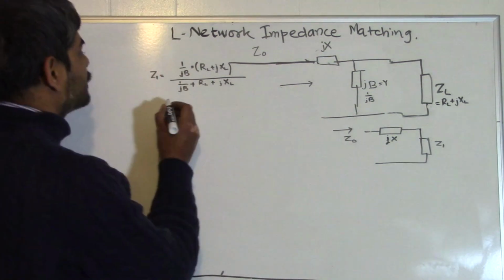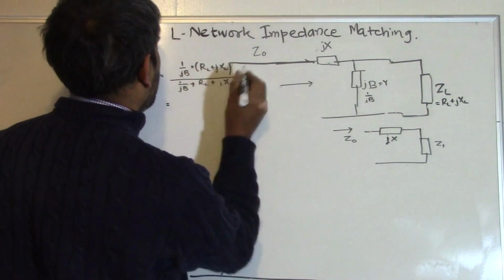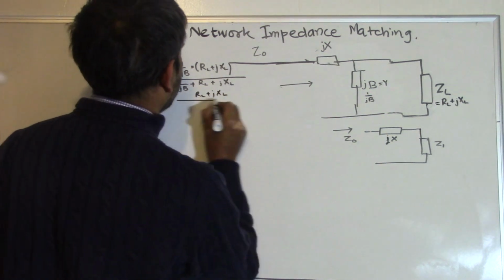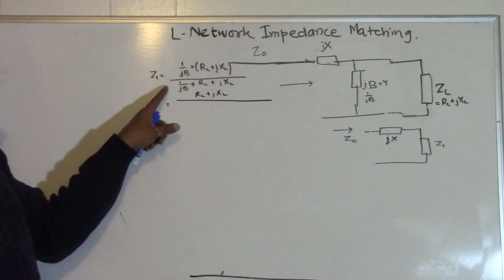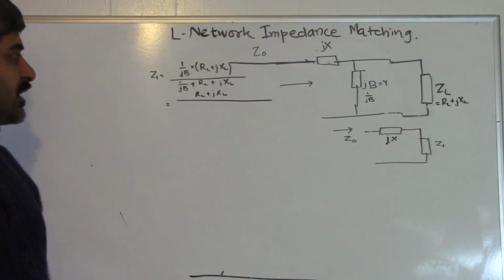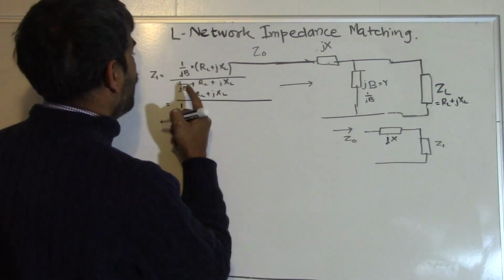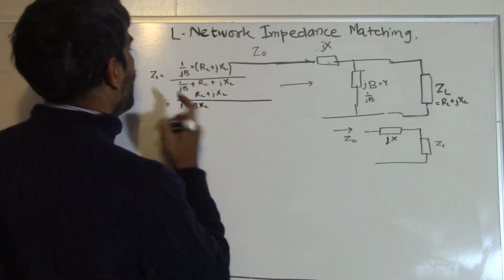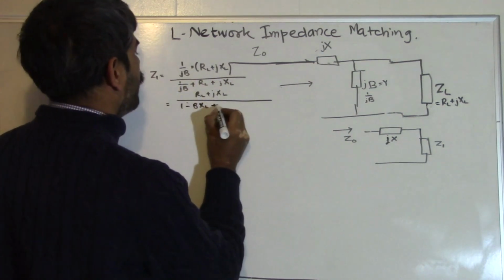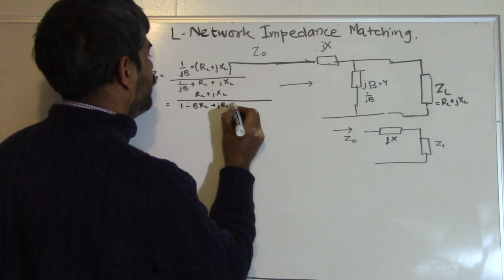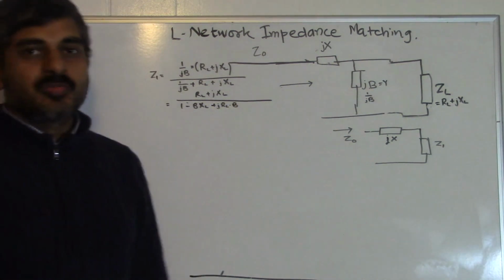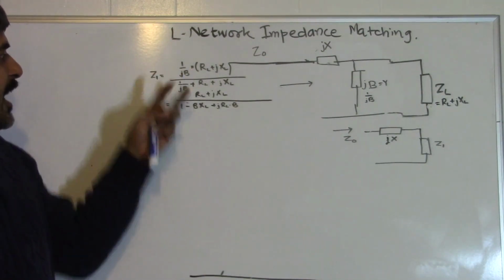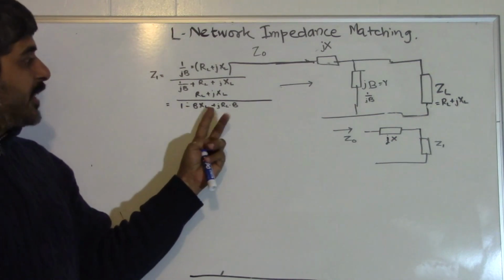So let's simplify this further. I can write this as RL plus jXL divided by, written in such a way that the real and imaginary parts are separated, 1 minus B into XL, and the imaginary part is j RL into B. To separate the real and the imaginary part, I multiply numerator and denominator with the conjugate.